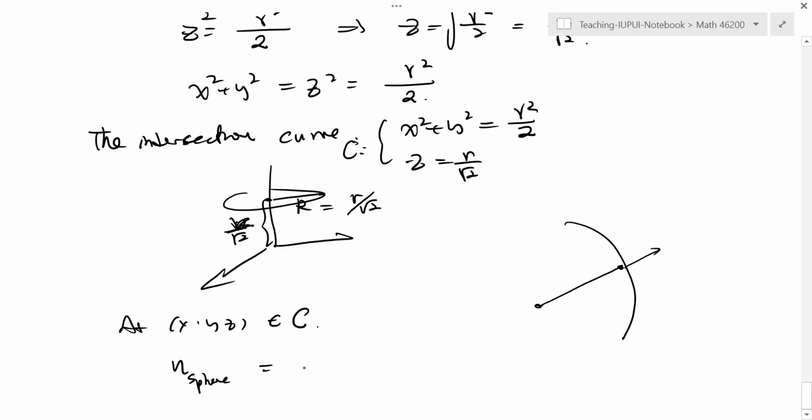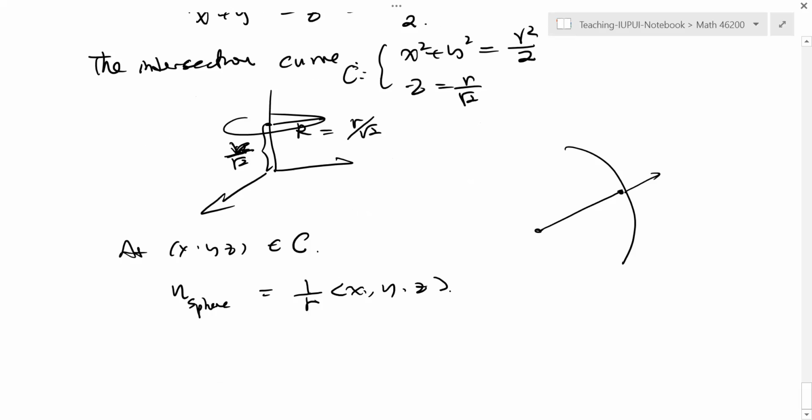If we normalize it, it's going to be 1 over r times x, y, z. This is a unit vector. If you do not divide by r, then it's just a vector perpendicular to the sphere.